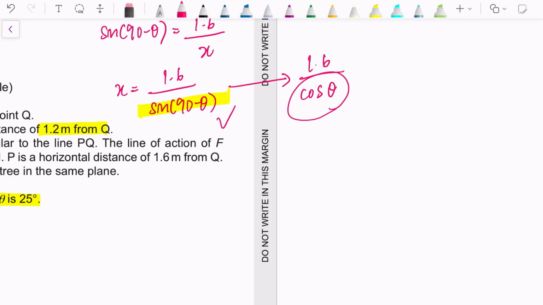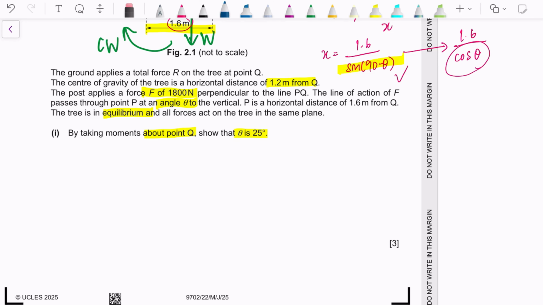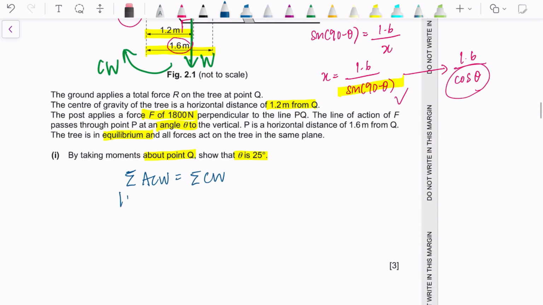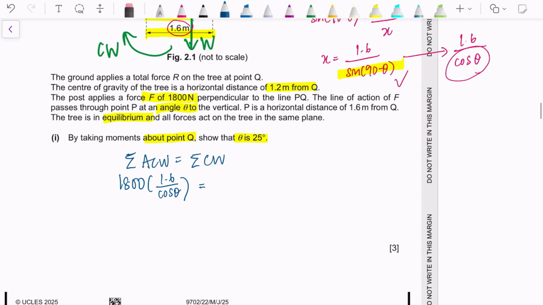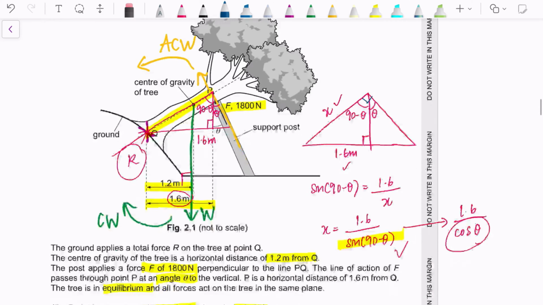Okay, so we've got the distance. Now we can calculate it. Sum of moment anti-clockwise is equal to sum of moment clockwise. So anti-clockwise we have 1800 Newton, the distance will be 1.6 divided by cos theta, equals to clockwise, which will be your weight. They give you the mass of the tree is 270.